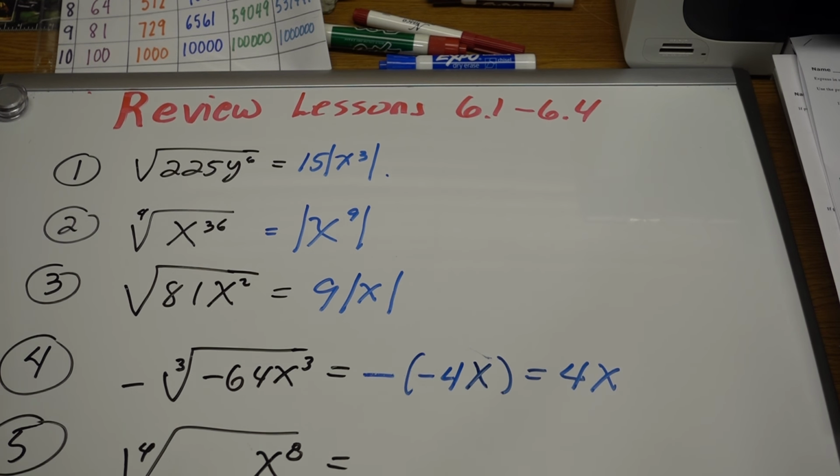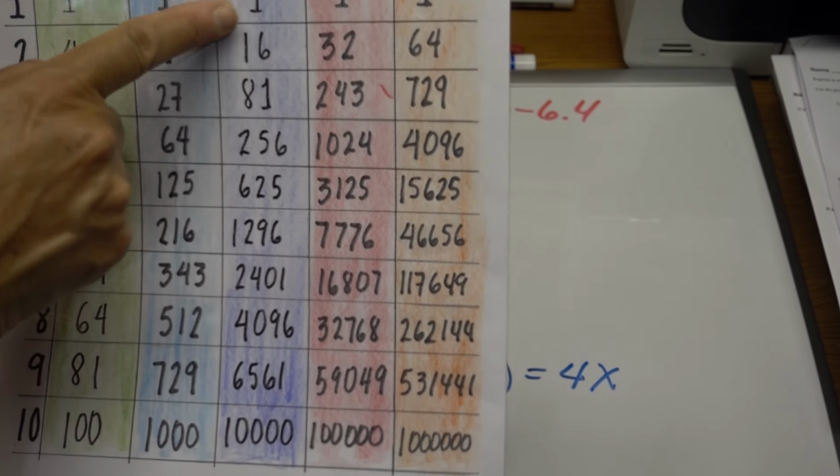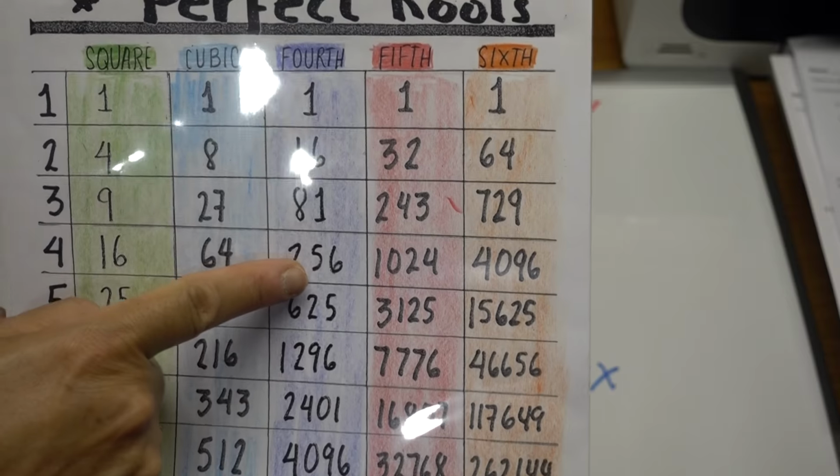Number 5, we have the 4th root of 256 x to the 8th. We're checking if 256 is in the 4th root column, which it is. 256 is right here.